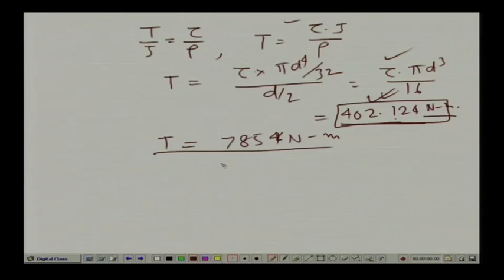Now, let us look from the angle of twist point of view. Now, theta as we know is equal to T L by G J. So, if we compute the value of the twisting moment, now we have two segments, theta 1 and theta 2.